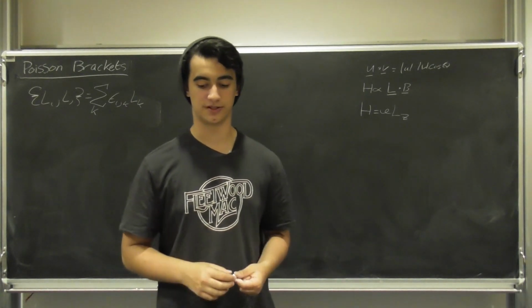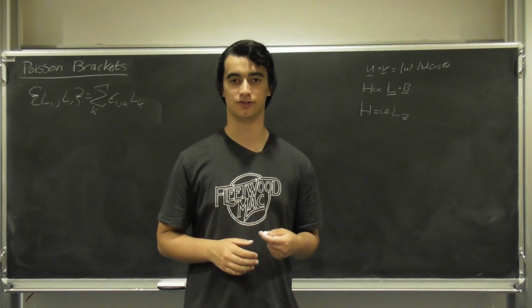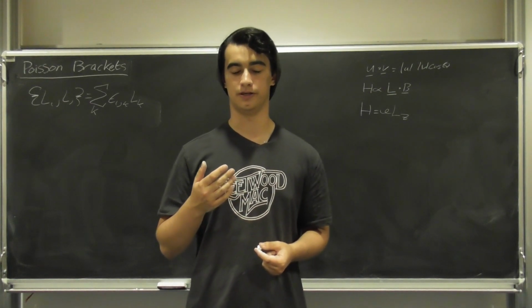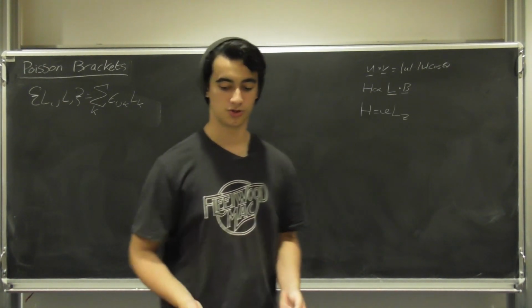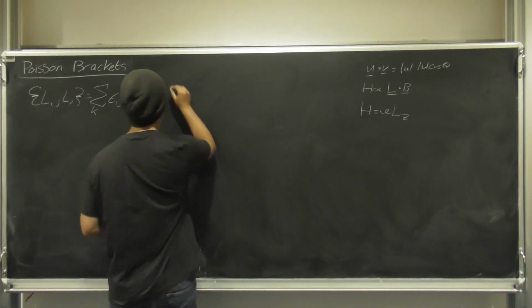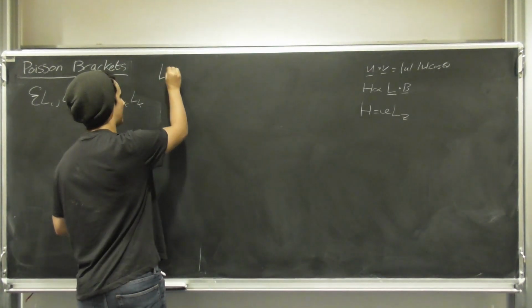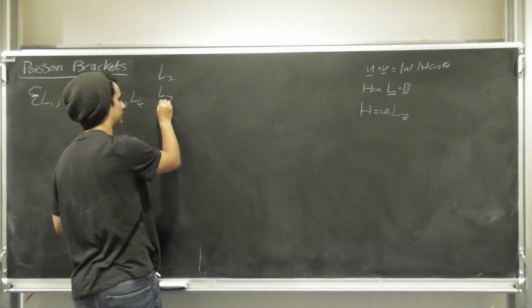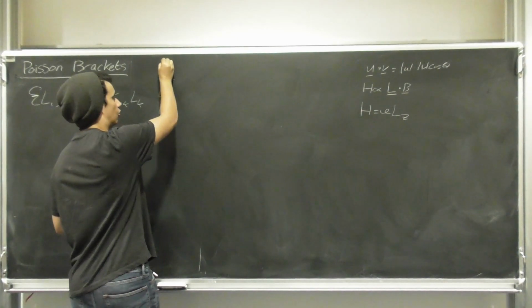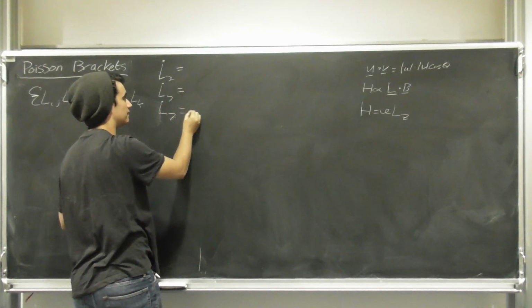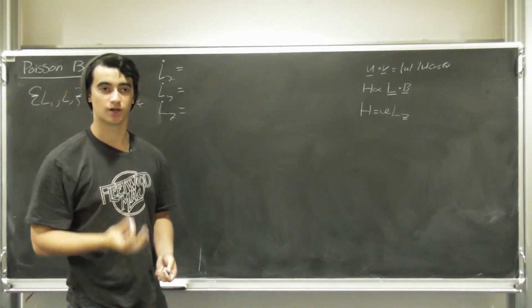We can show this by taking time derivatives and seeing how the angular momentum vector changes with time. If we wanted to find the time derivatives of L sub x, L sub y and L sub z, remember we can use Poisson brackets for that.